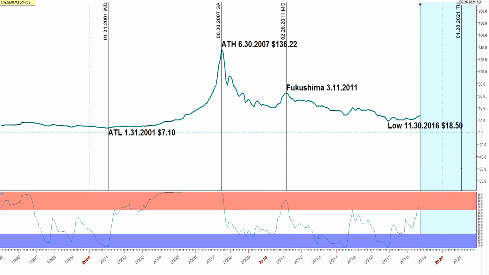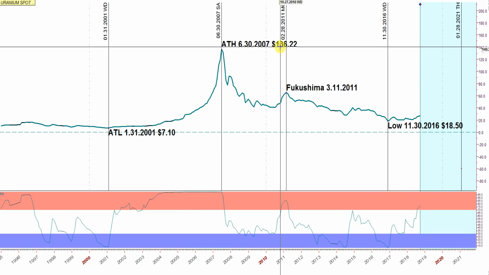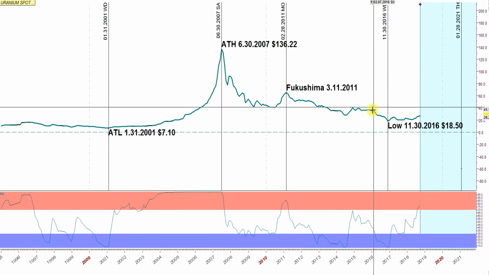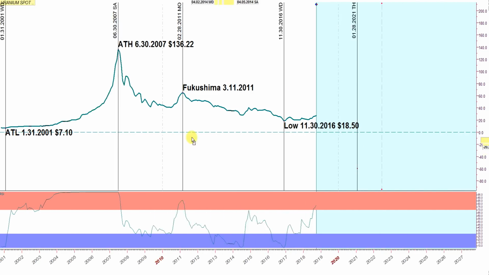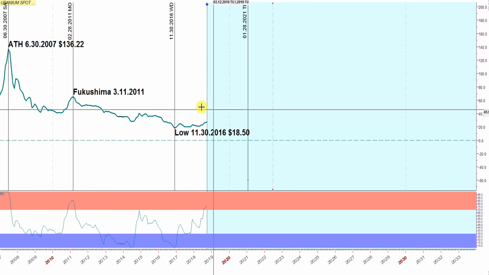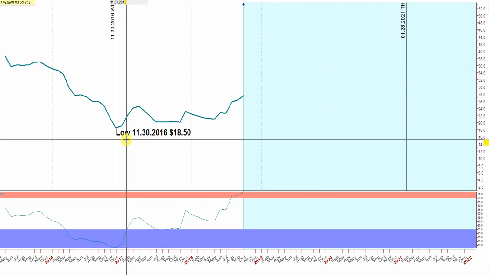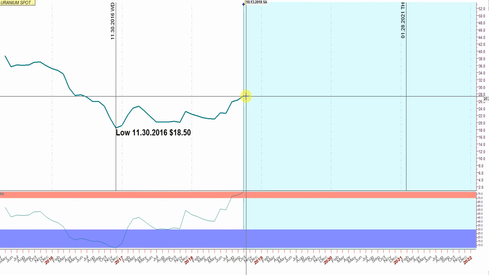Let's see. Am I missing something here? Let's look closer. There we go. I cleaned up a little bit, just so you could see what's going on. Let's get closer right here and see what we've got going on. So this is our low, and this is where we're at. We're somewhere around 27 and change, 34 dollars, somewhere around there.